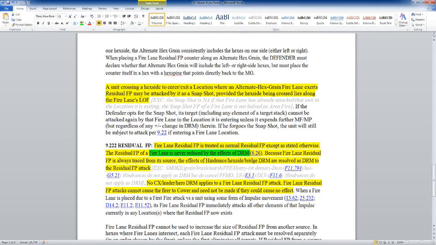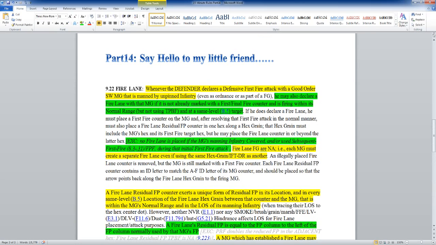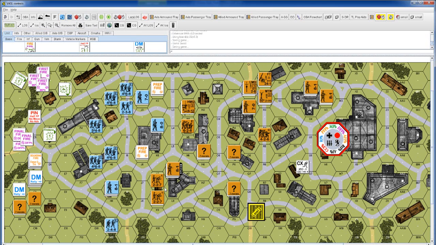So lots of good information there. Hopefully this has been the best 15 minutes of your day, and I appreciate you guys giving me a watch. And we will see you next time, where I think we're finally able to talk and show an example of one of the most important things in the Advanced Squad Leader system, and that is the movement phase and the defensive fire phase.